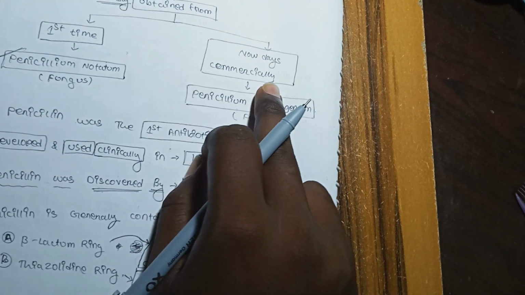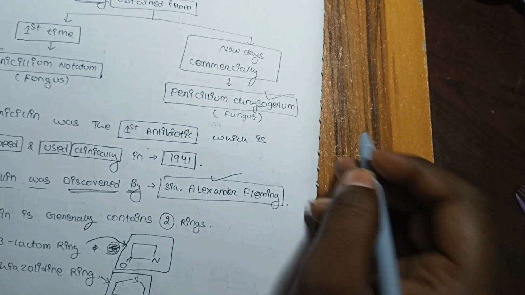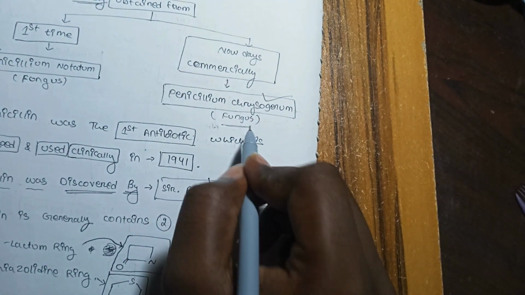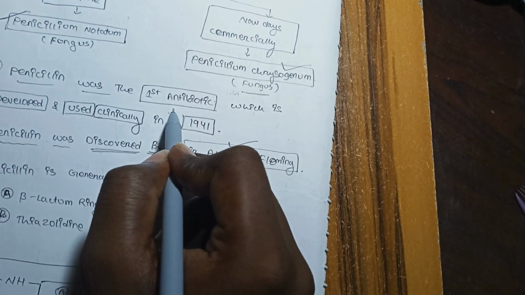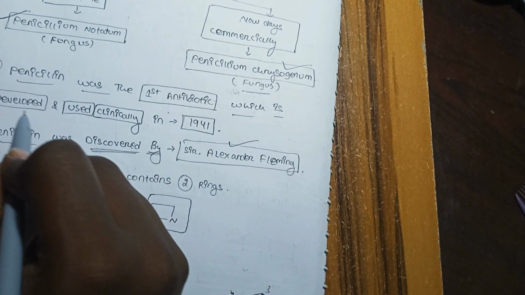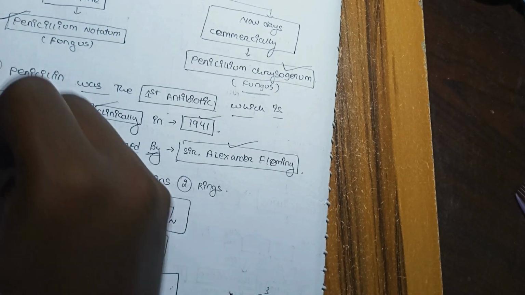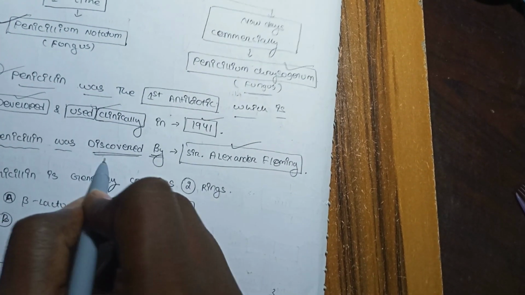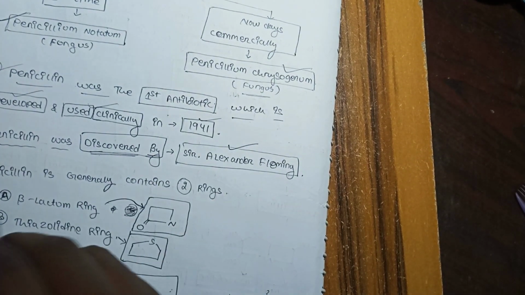Nowadays, commercially, penicillin is obtained from Penicillium chrysogenum, which is also a fungus. Penicillin was the first antibiotic developed and used clinically, in 1941.